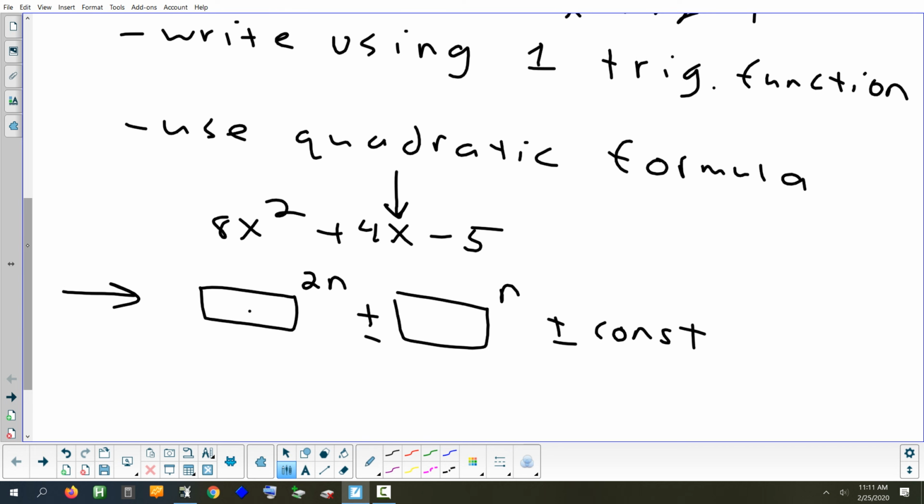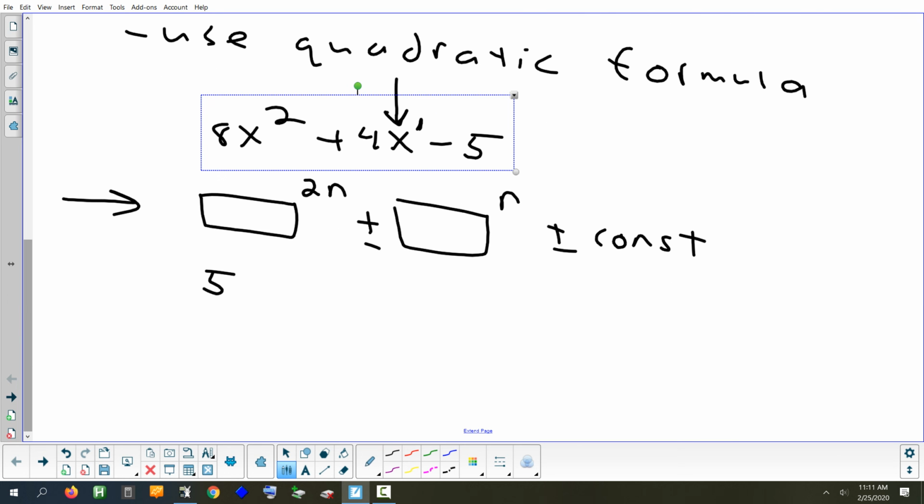Whatever's in this box and whatever's in that box has to be the same. Like an x and an x, or a y and a y. It has to be the same letter or the same thing in each box. And the last thing is, the exponent on the first box has to be double the exponent on the second box. It could be a 2 and a 1. And that's the most traditional kind of quadratic problem you see. You have a 2 here, you have a 1 there, that's quadratic.